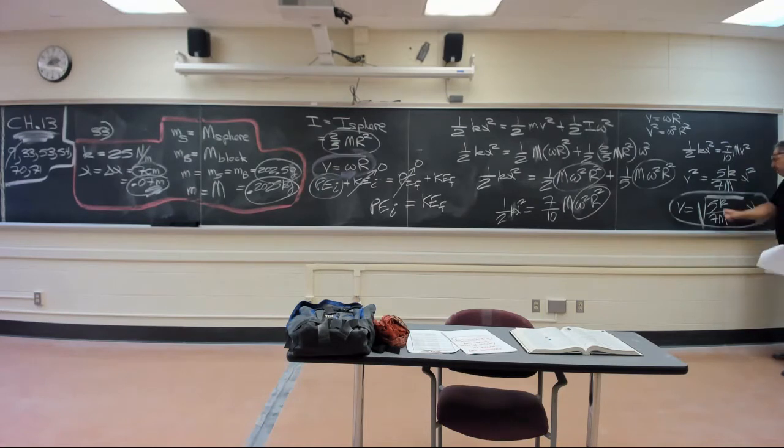Go for it. 5 times 25 over the product, 7 times 0.2025, square root all that, then multiply it by 0.07. Well, okay, you got all the stuff in there.